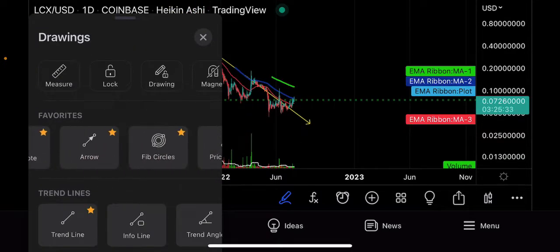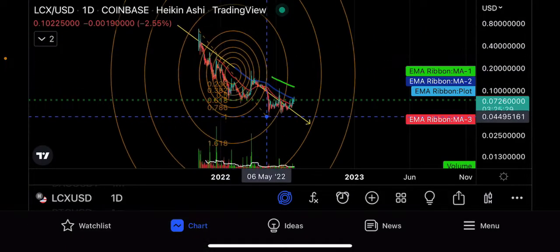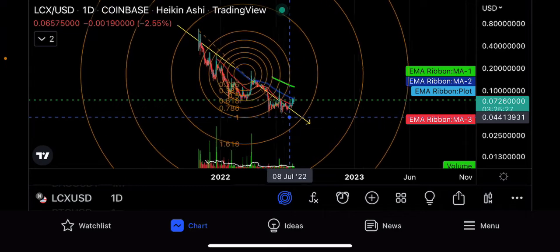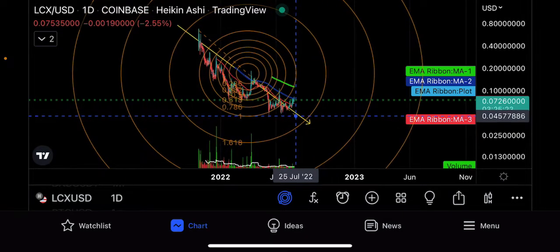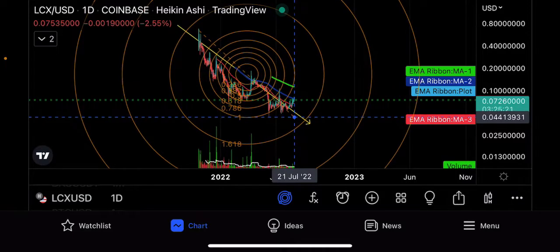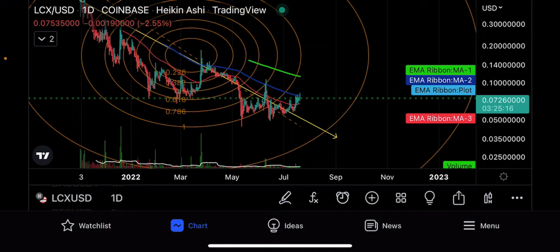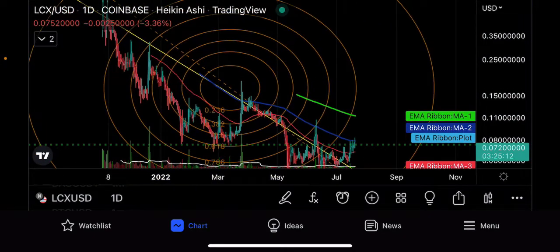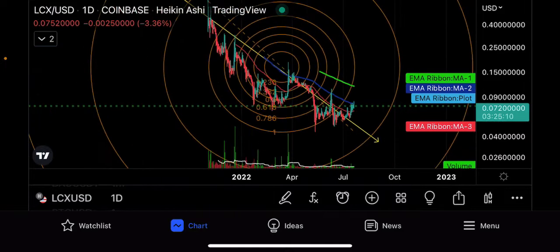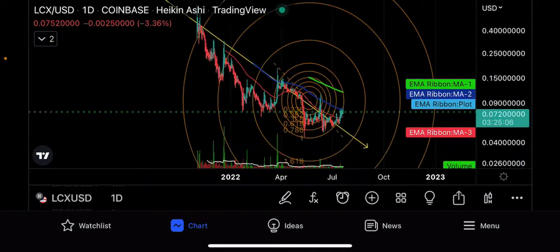Then I'm even going to put a fib circle in here from its swing high to its swing low to current price. See that? Look at that. Swing high to swing low to current price. And you can see this can give you some kind of major upper resistance up top, but I'm not liking where that's at. We're going to go from, not the whole history, we're going to go from a different swing high.